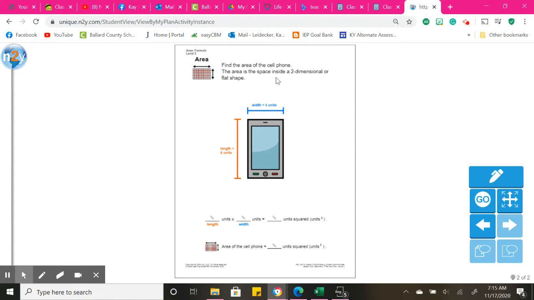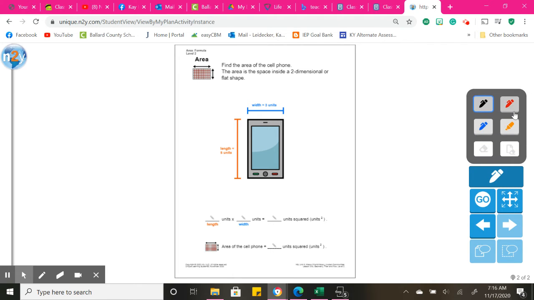Area. When we have area, we need to find the area of the cell phone, the space inside a two-dimensional or flat surface. So when we find area, we do length times width. We will look at the length of this cell phone here, and then the width, which is right to left.